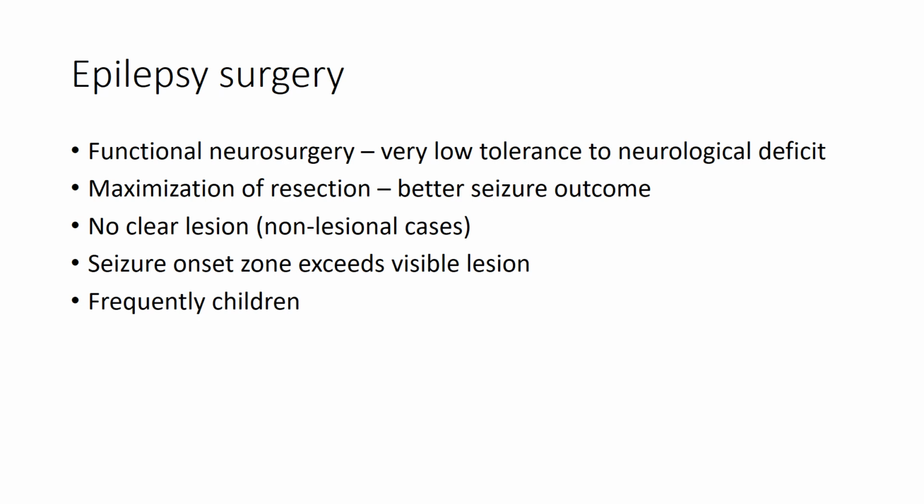In those cases, we very frequently have to remove until we reach a certain function, which is our limit of resection. And even if we have a visible lesion, very frequently the seizure onset zone is larger than the lesion itself. So again, we can be forced to reach functional limits.